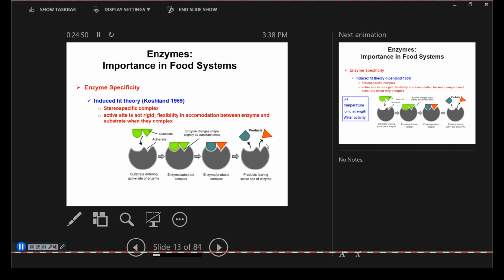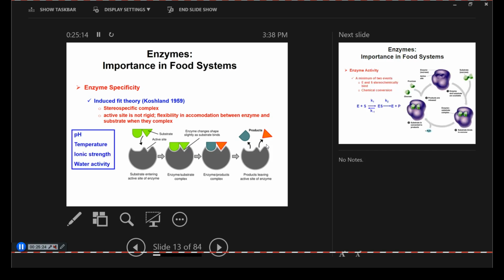So the active site will change slightly as the substrate binds to it. It is not a rigid site, and it doesn't only change as the substrate binds to it, due to the chemical environment of the substrate and the enzyme together, it will also be impacted by the environment.